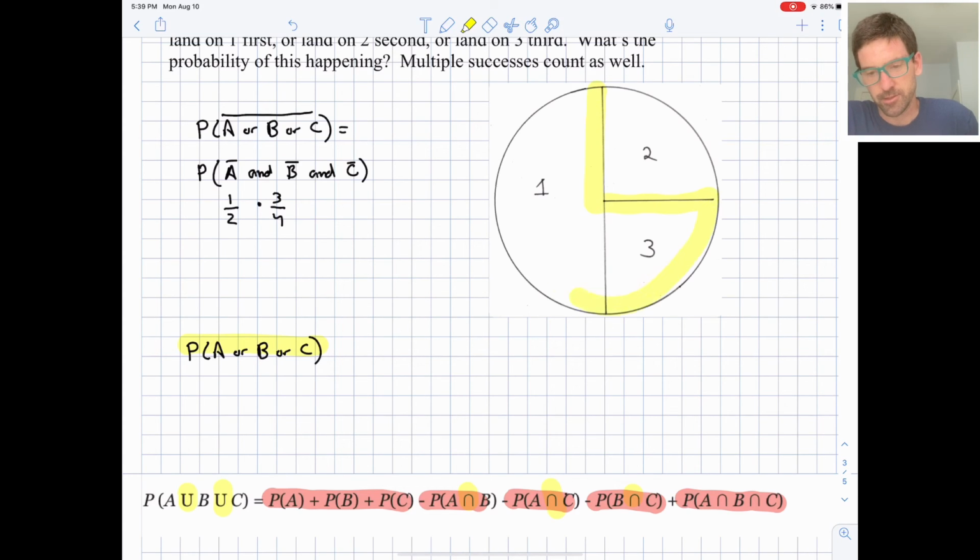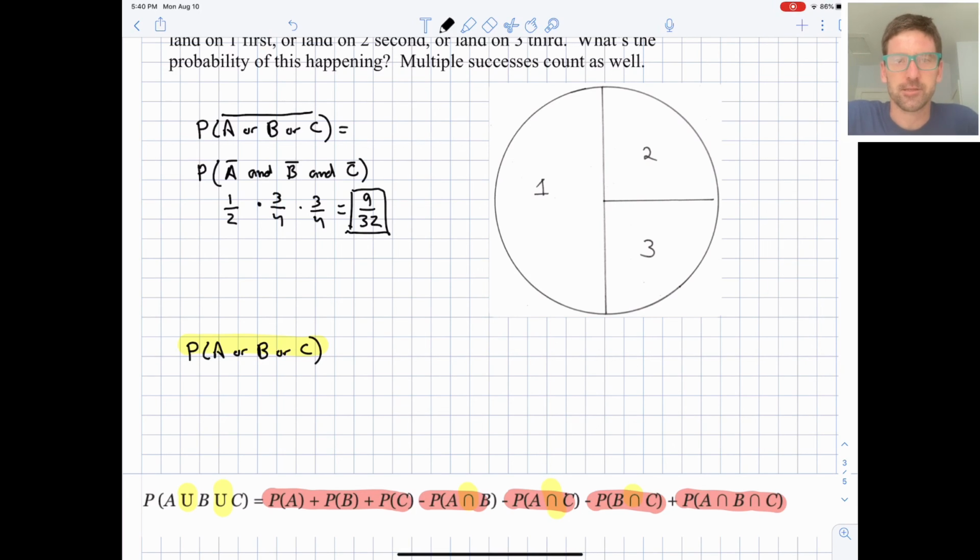That's this whole zone right in here. Okay, 3 out of 4. And then the same for C. Easy multiplying across the top, easy multiplying across the bottom, I think. 2 times 4 times 4, that's 32, right? Okay, so 9 out of 32 is the chance of getting all failures.